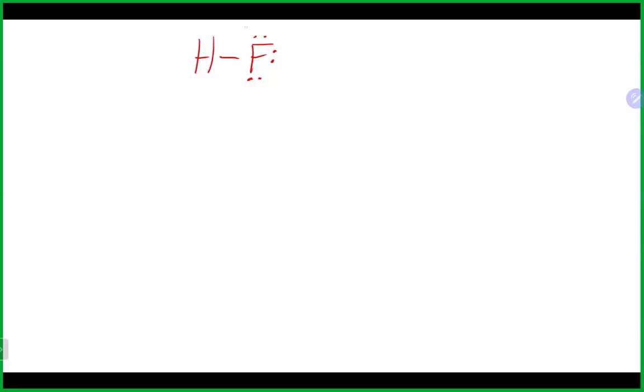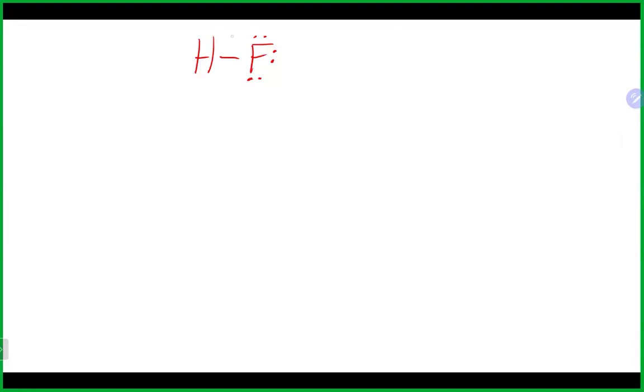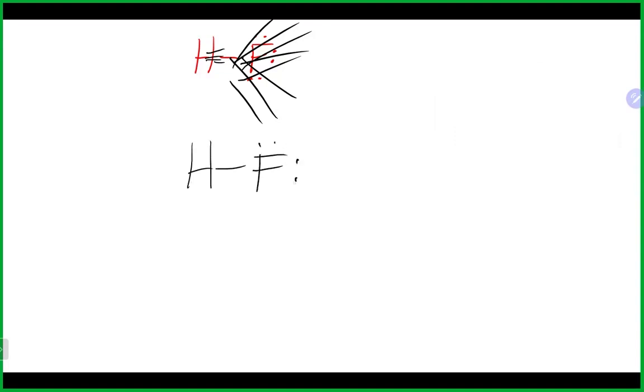If I do my little bad scribble here, if this is the electrons, most of them are going to hang out over there on the fluorine side rather than the hydrogen side. What that does is it makes the fluorine side, if you had to guess, more positive or more negative?